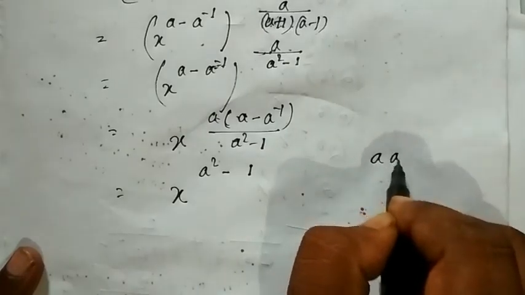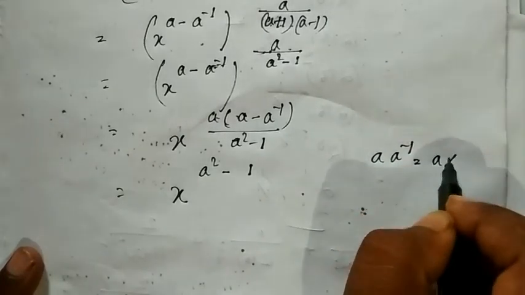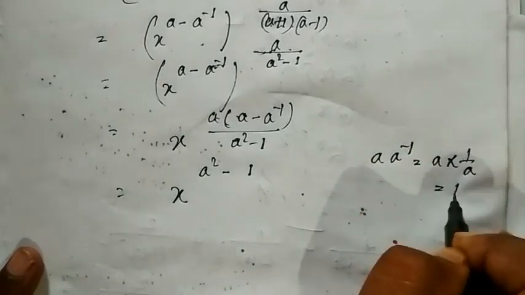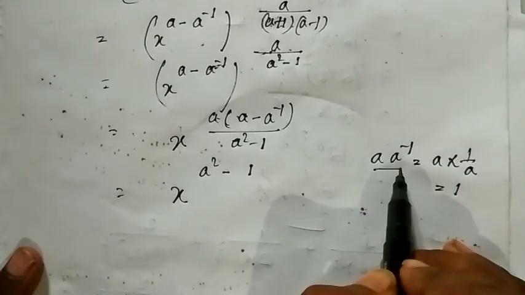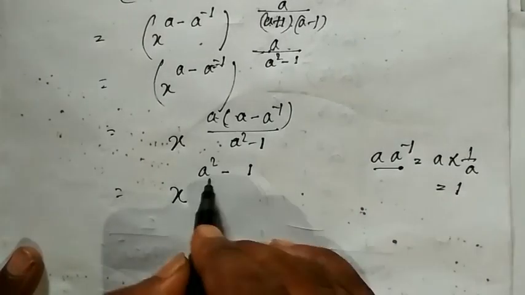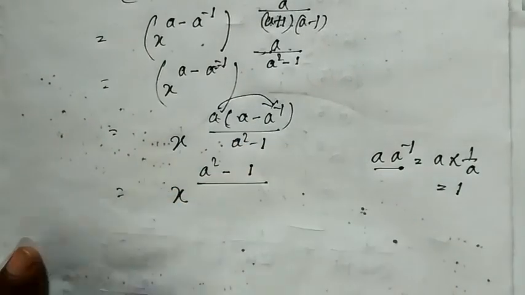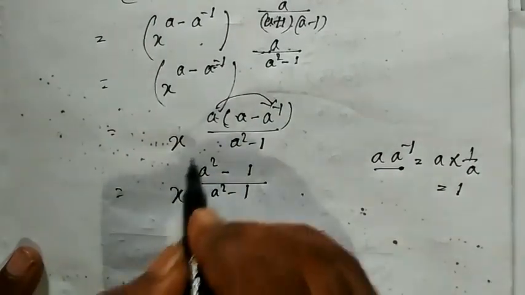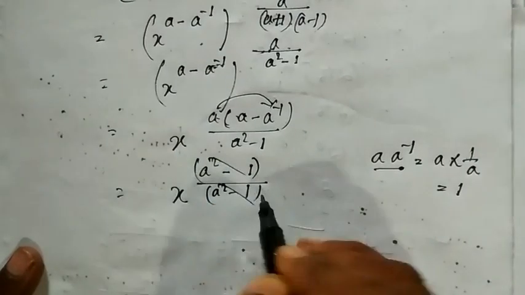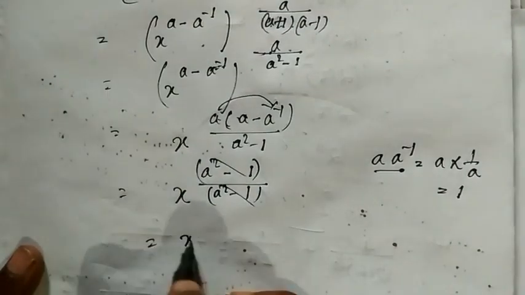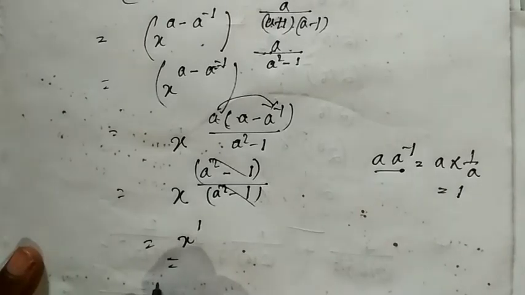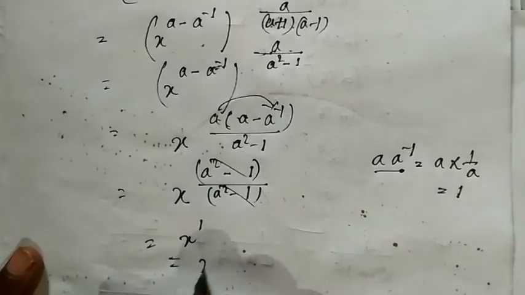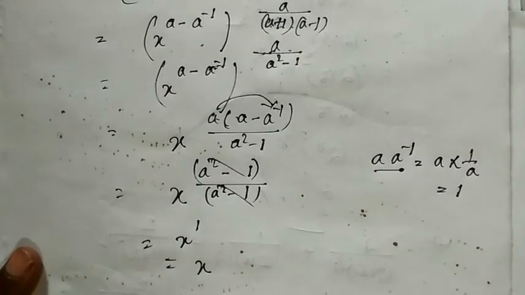Remember, a into a inverse is equal to a into 1 by a, which is equal to 1. So the denominator is a square minus 1. While cancelling, give brackets and cancel. So this one cancels. x to the power of 1 is equal to x. Clear?